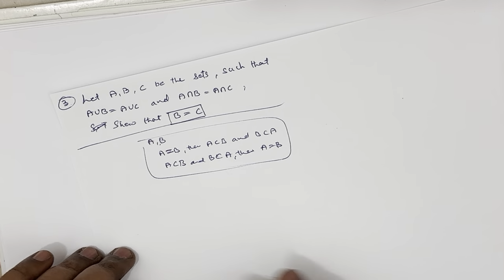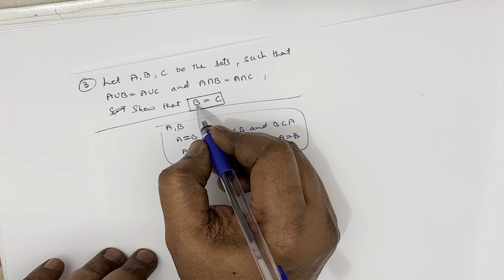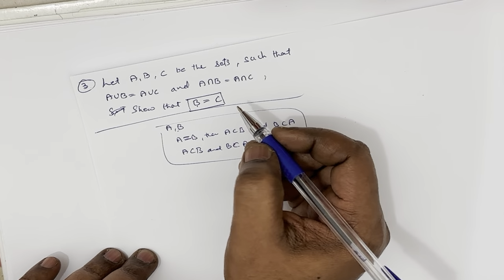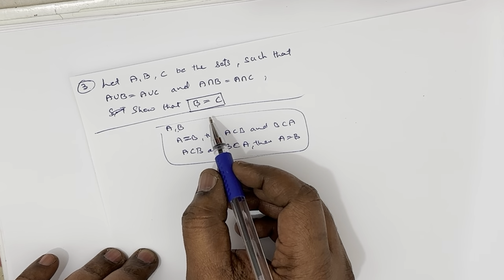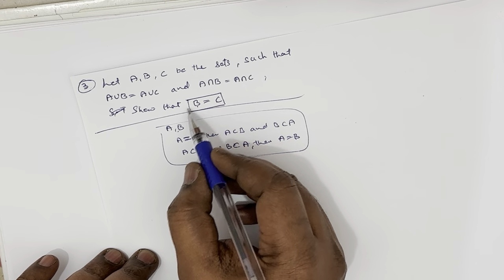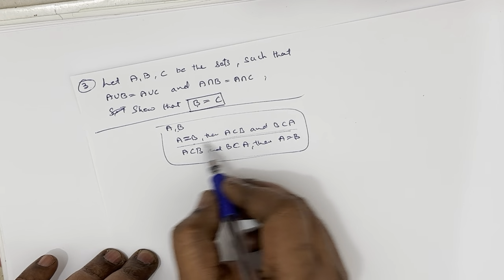In the same way, here we have to show that set B is equal to set C. To show that these are equal, we have to prove that they are subsets of each other, according to this property.